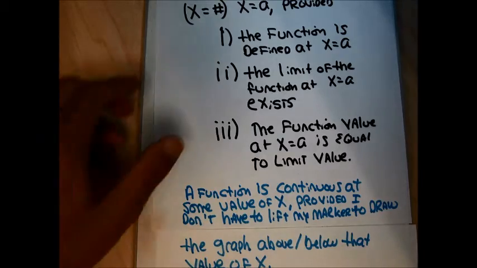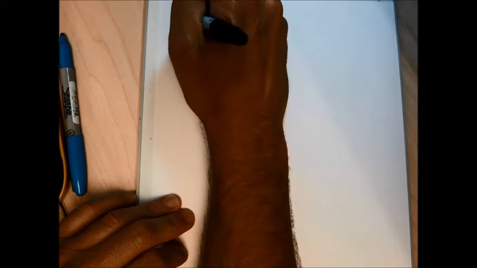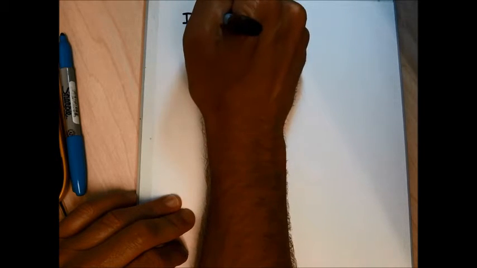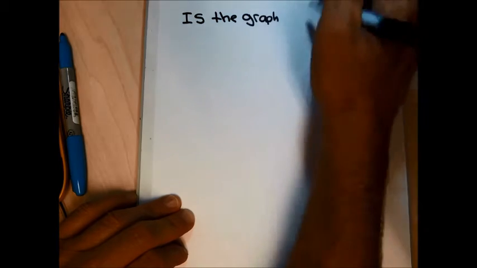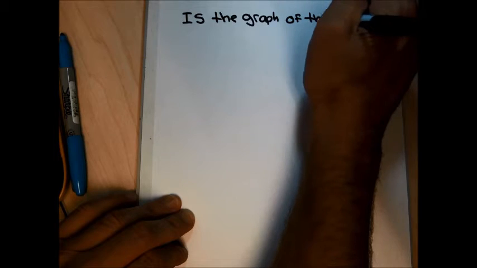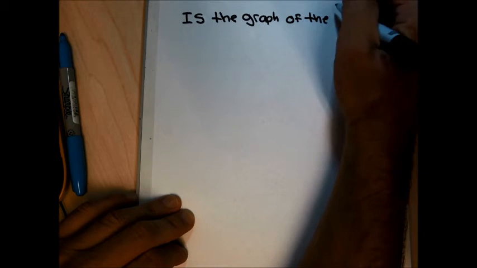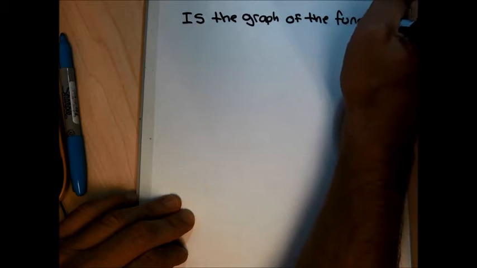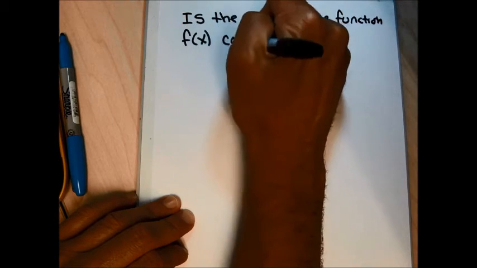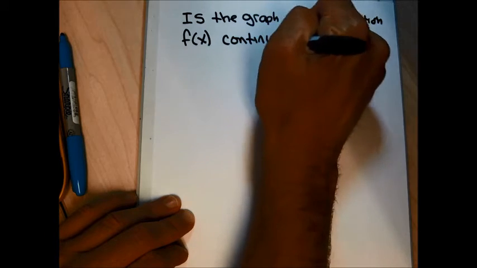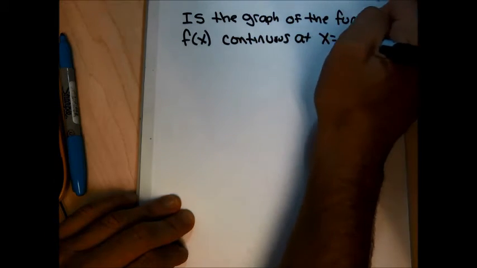So let me go through a few examples that aren't in the homework just to get us warmed up for the homework. So I'm going to wind up drawing 3 or 4 graphs, probably 3. I'm going to ask the question, is the graph of the function f of x, each of these is going to be a graph of a different f of x each time, continuous at, make a nice number like x equal to 3.